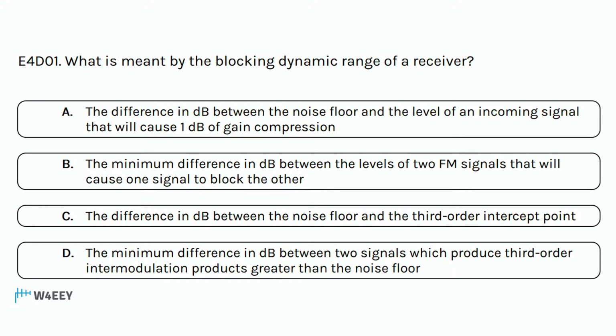And what is meant by the blocking dynamic range of a receiver? Alpha. Yeah, blocking dynamic range has to do with 1 dB of compression.